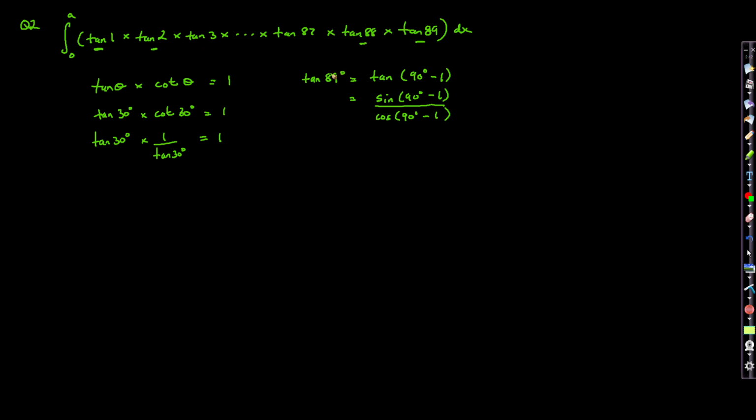All right, so I'm going to leave you with that as a clue. I suggest now you pause the video at this stage, have a go at trying to do this question here, and then come back once you've had a go at it yourself.